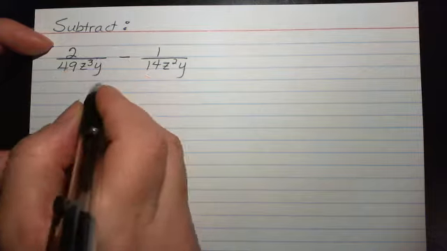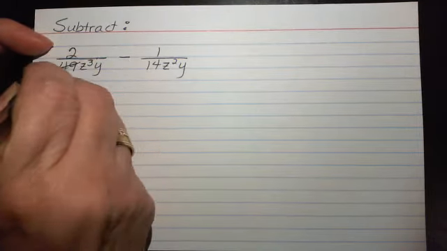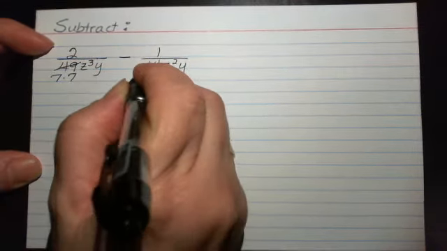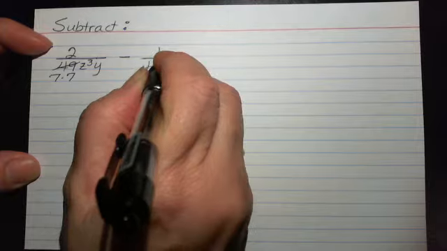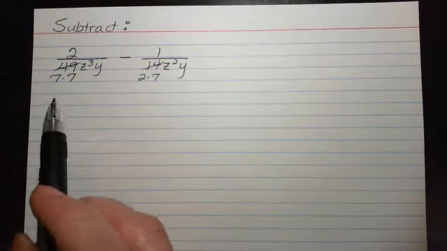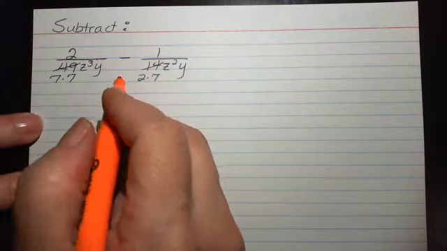49 is 7 times 7. 14 is 2 times 7. And then we could look at the variable parts. Okay, well, let's take a look here now. What we need to make the denominator common.